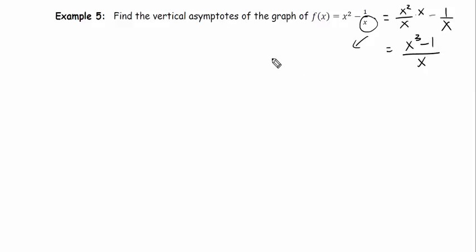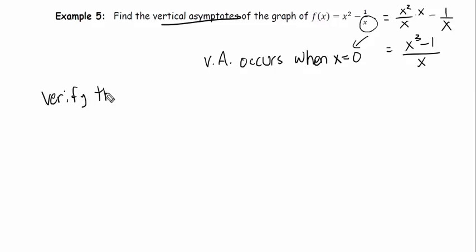So still, we know that the vertical asymptote, and I'm going to abbreviate it VA from now on, occurs when x is equal to 0. So now we're going to verify that x equals 0 is a vertical asymptote.